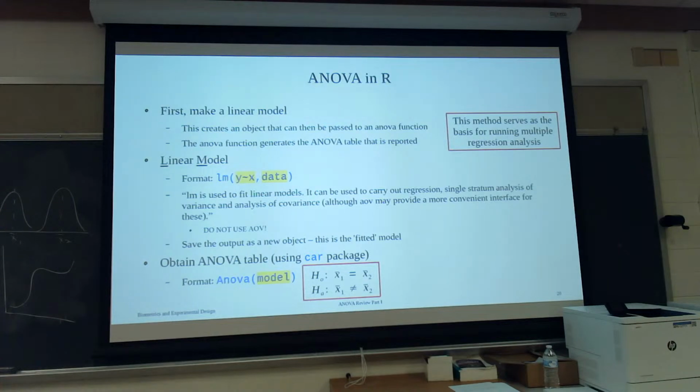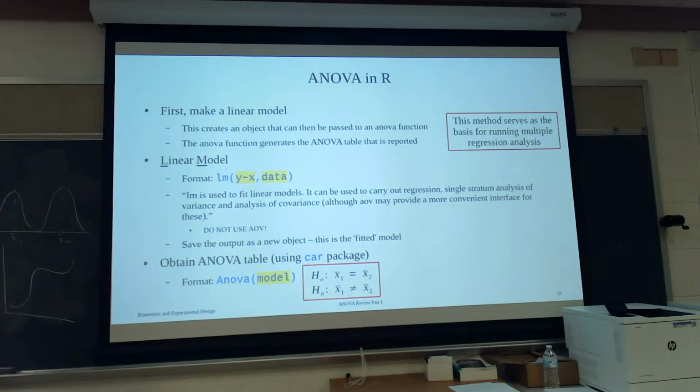Now, we don't have to do this, but my recommendation is to do it this way, because as we add additional variables, this is how we run our two-way, three-way, multi-way ANOVAs and ANCOVAs and mixed effects models and so forth. So just get used to making a model and then generating our ANOVA after.